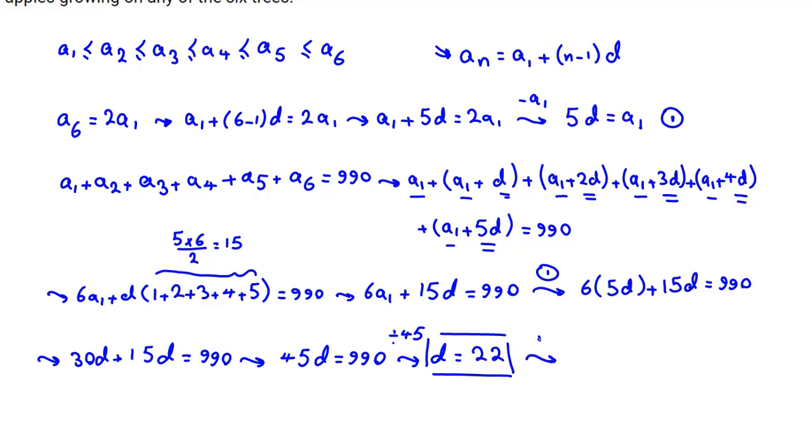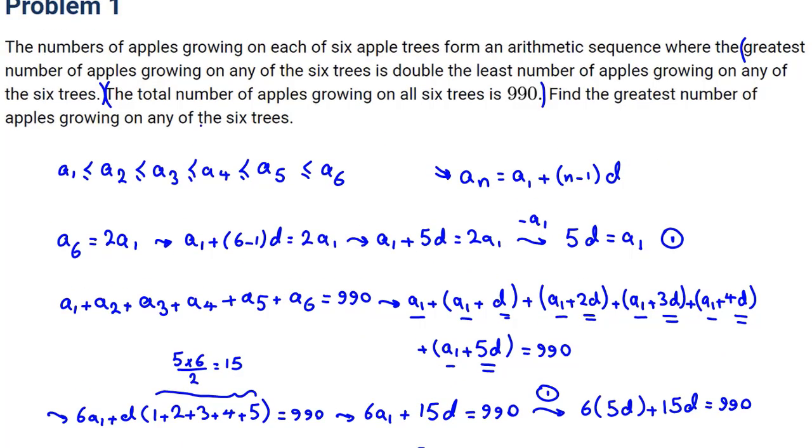If we use the first equation again, we find a1 equals 5d equals 5 times 22 equals 110. Okay, we found a1, but what does the problem want? The problem says find the greatest number of apples growing on any of the 6 trees, which means a6.